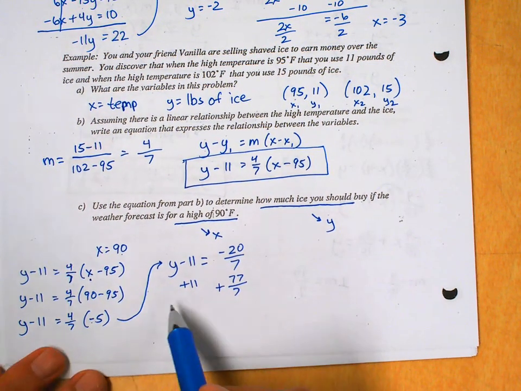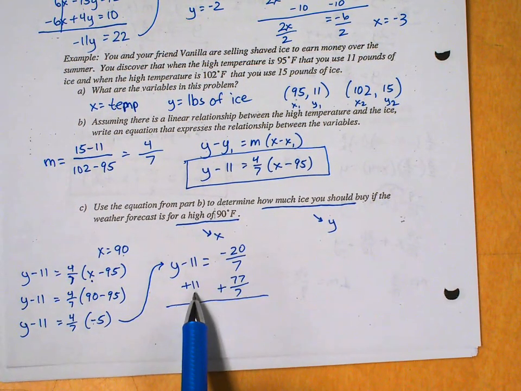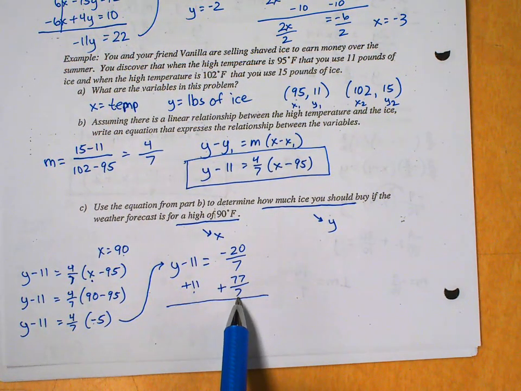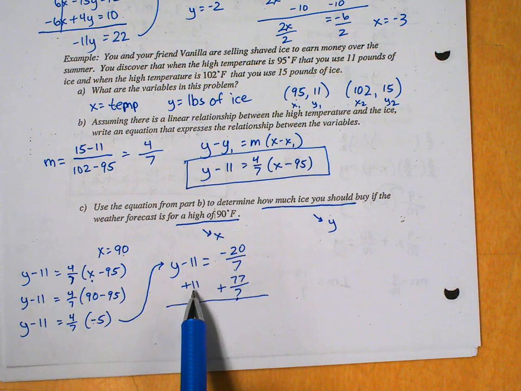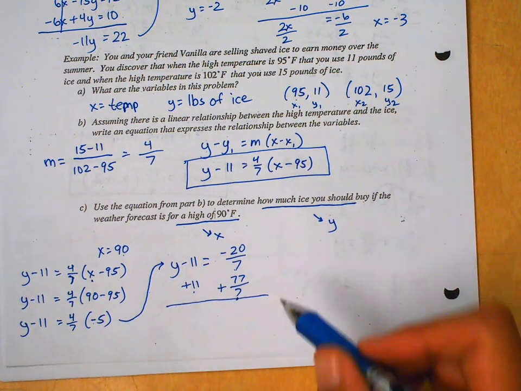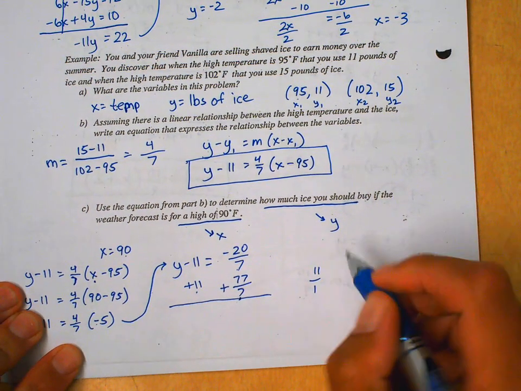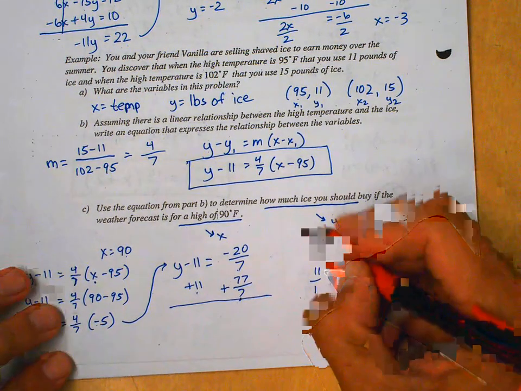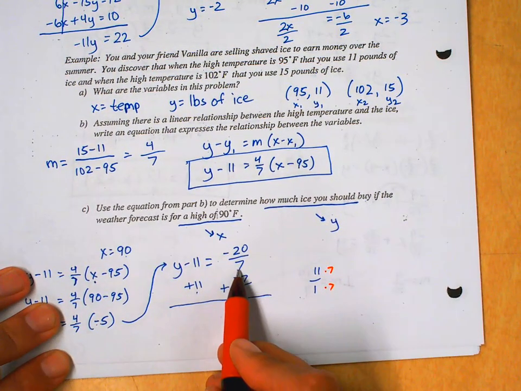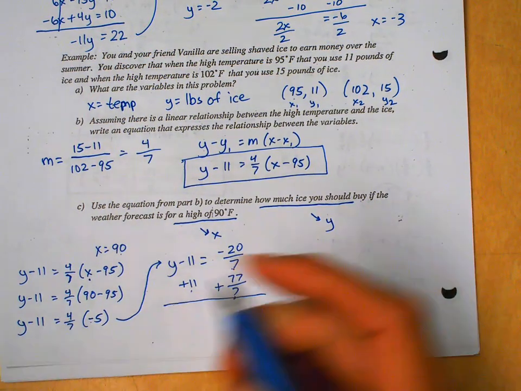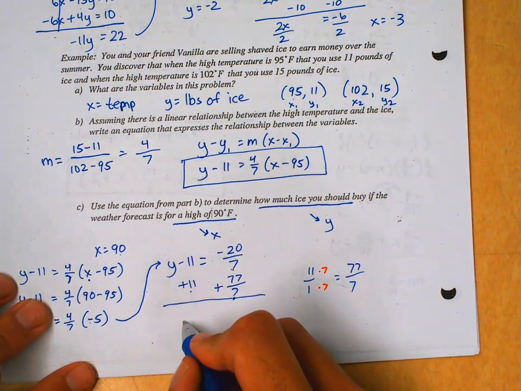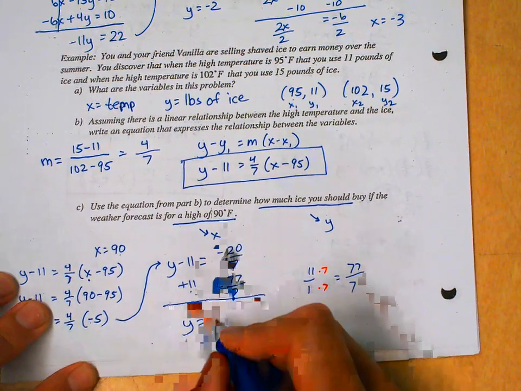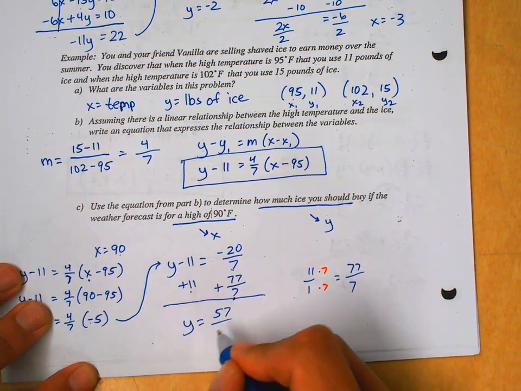You can see this is plus 11 right here. 77 divided by 7 is still 11, but the reason I wrote it like this was so that I'd have a common denominator. I did 11 over 1, and then I multiplied the top and bottom by 7, so that I could get the denominator of 7 right there. And I got 77 over 7. So we have y equals negative 20 plus 77, which is 57 over 7.